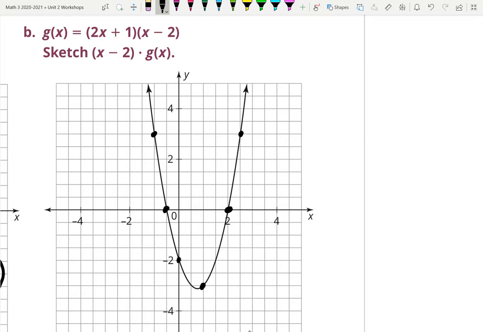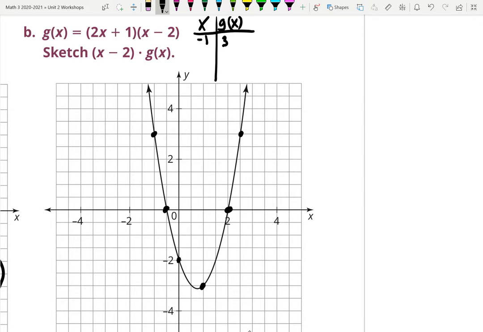So the idea behind this is I'm going to represent this information in an XY chart. Remember, Y is the output, Y is the g of x. g of x and y are interchangeable. The data from this graph shows me that when x is -1, the output is 3.